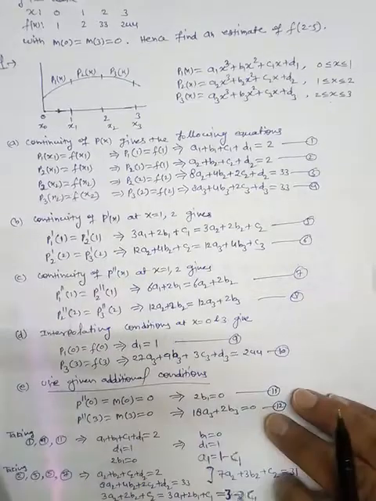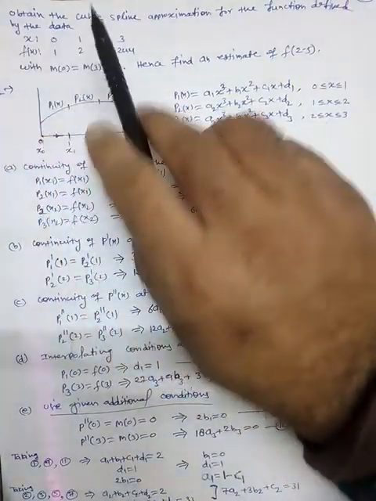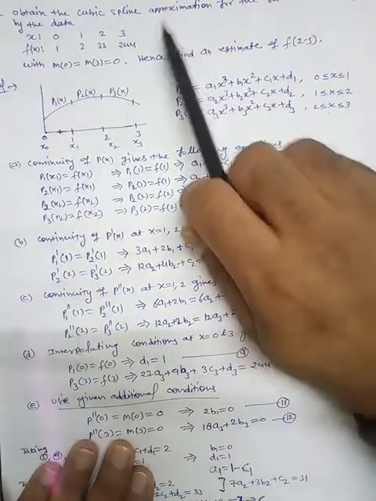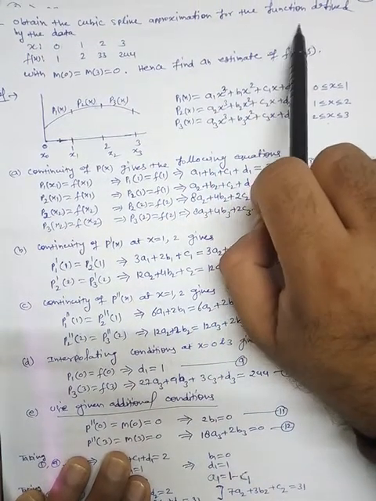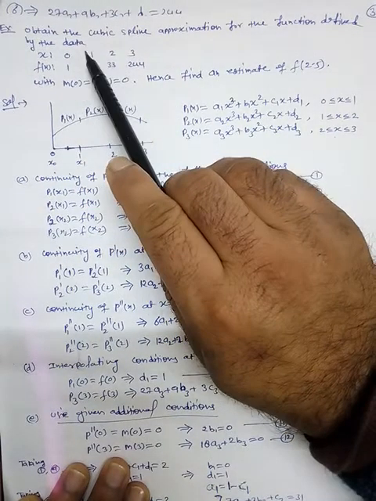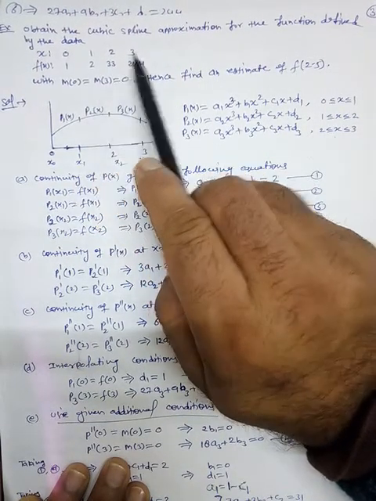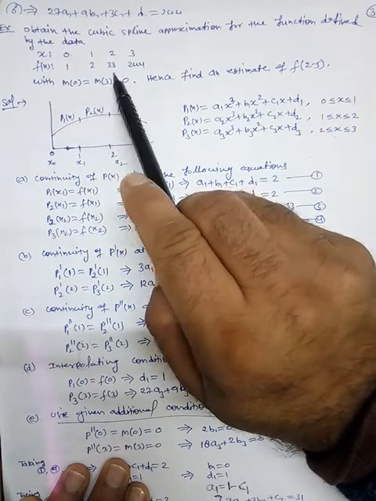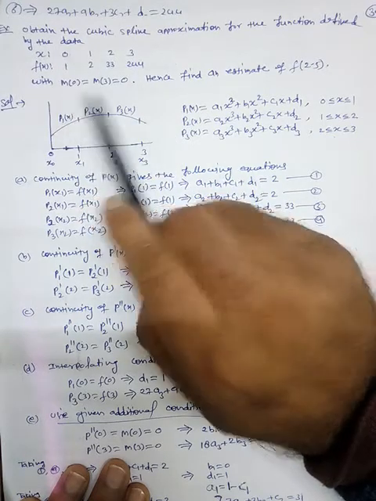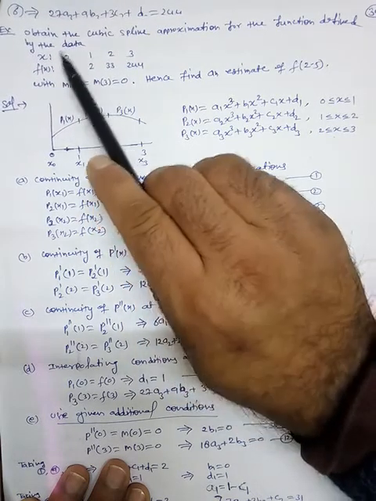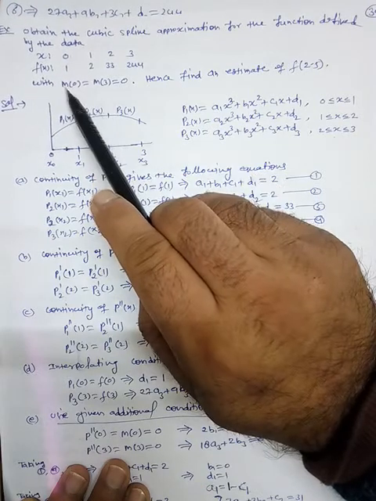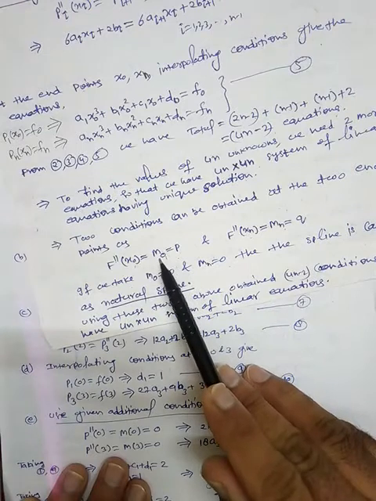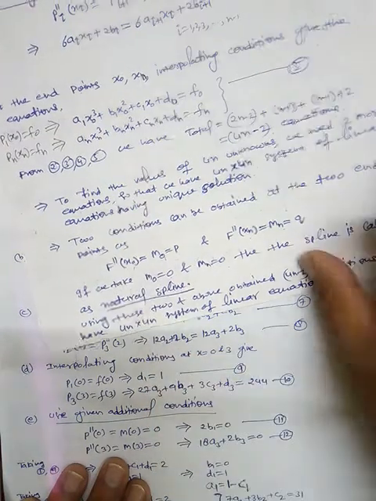Okay, let's take an example. So here is the example. Obtain the cubic spline approximation for the function defined by the data x equal to 0, 1, 2, 3 and corresponding f values 1, 2, 33 and 244, with two additional conditions: M at 0, that means the second derivative, since M is the second derivative of the function.